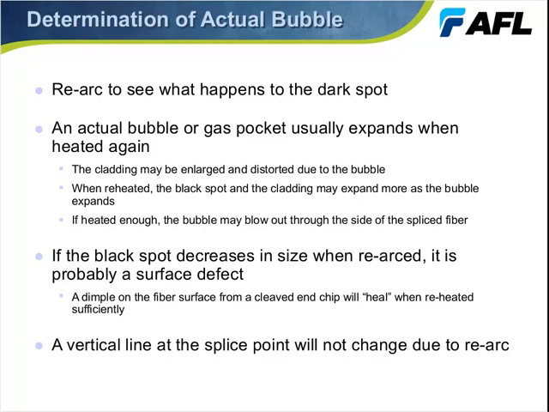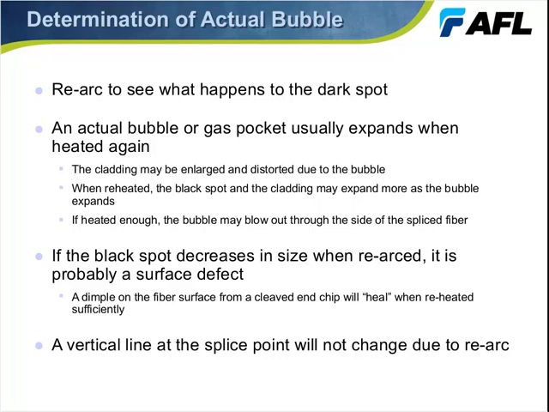Obviously, the appearance can be very different from the vertical line, but sometimes there can be a spot less dramatic than what we saw on the previous slide, and we may not be sure if it's a bubble or if it's some dust or debris on the outside of the fiber, which may be inconsequential. So one thing we can do is re-arc and see what happens with the dark spot.